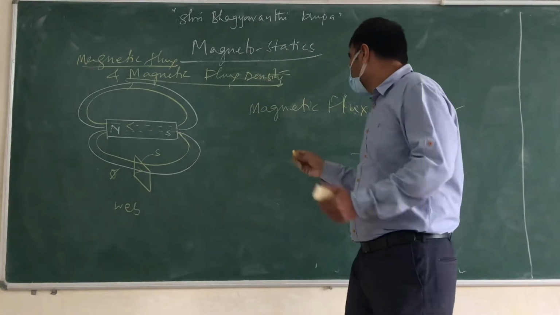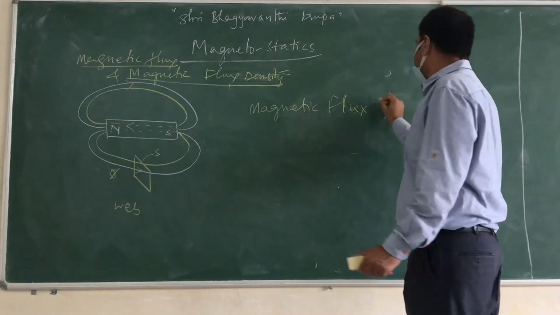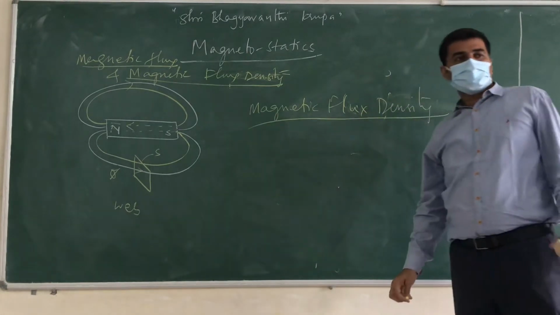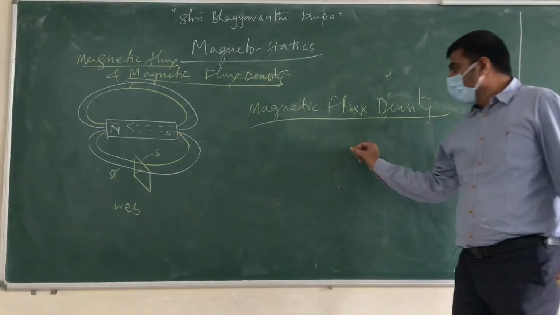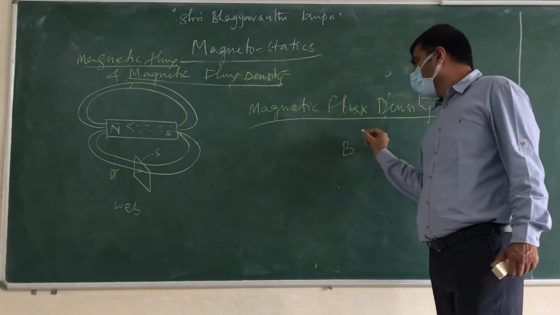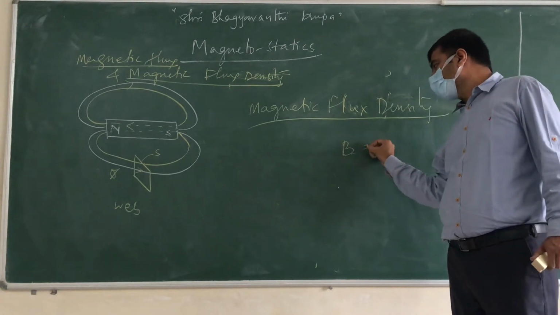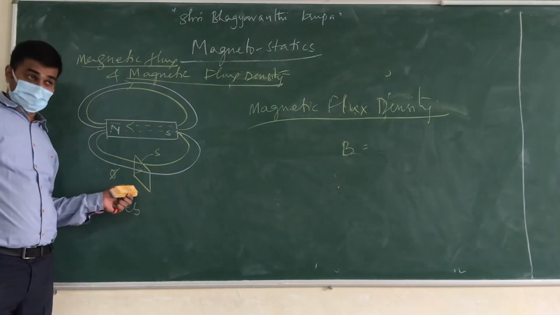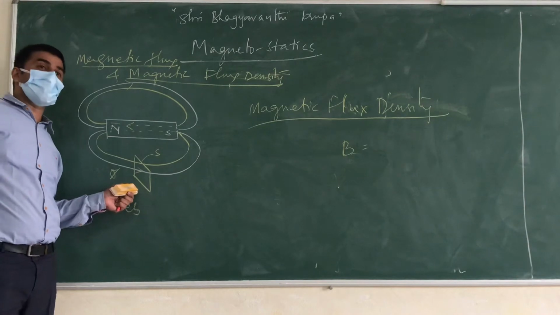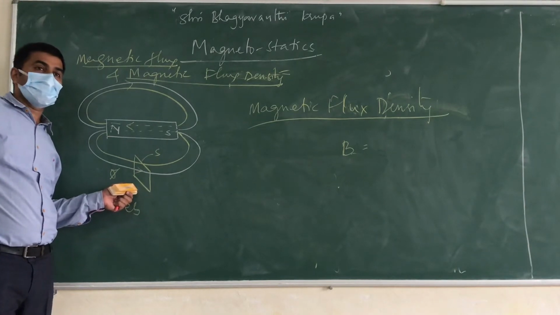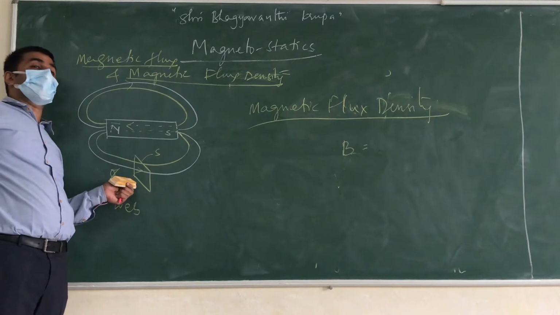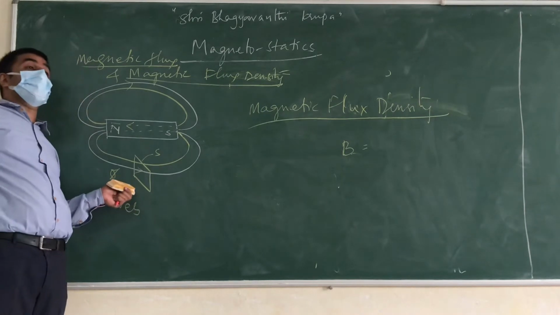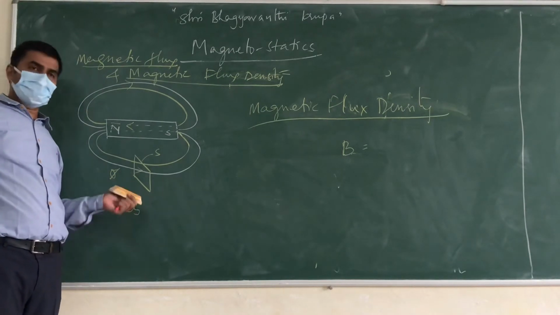Then next is magnetic flux density, B. See, magnetic flux density is defined as total number of magnetic flux lines passing through unit area which is held normally or perpendicular.